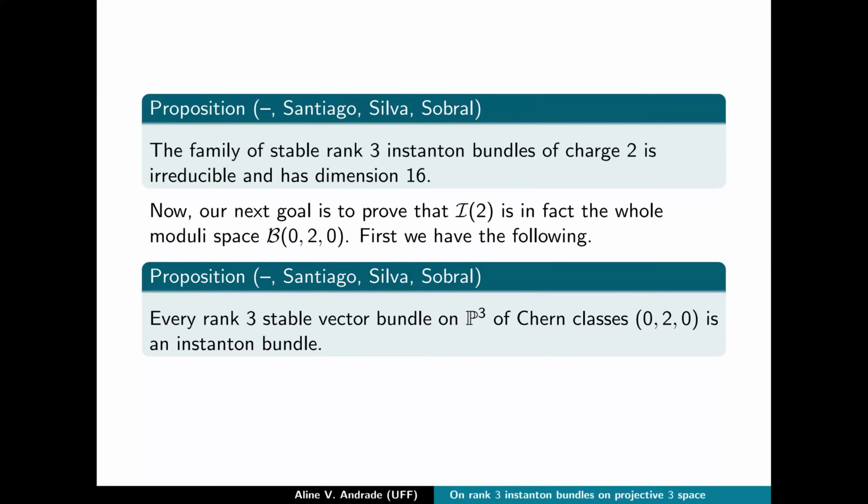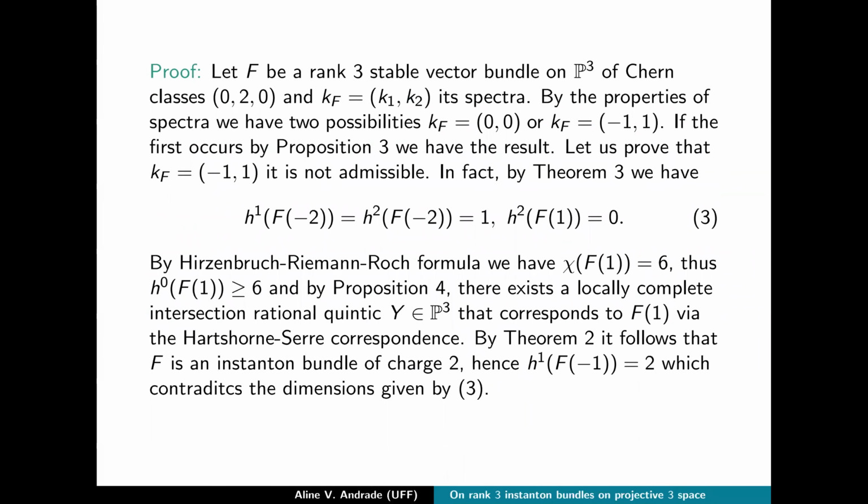So to do so, we will consider F a rank 3 stable vector bundle on P3 of Chern classes 0, 2, 0, and I will consider its spectrum k_1, k_2. So by the properties of the spectrum that I mentioned before, but did not show you, we have two possibilities over here.